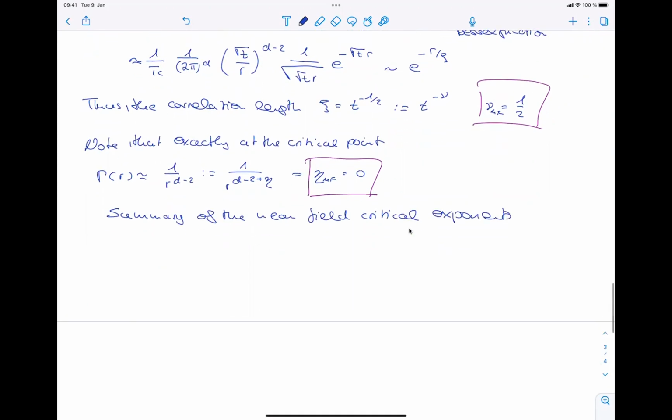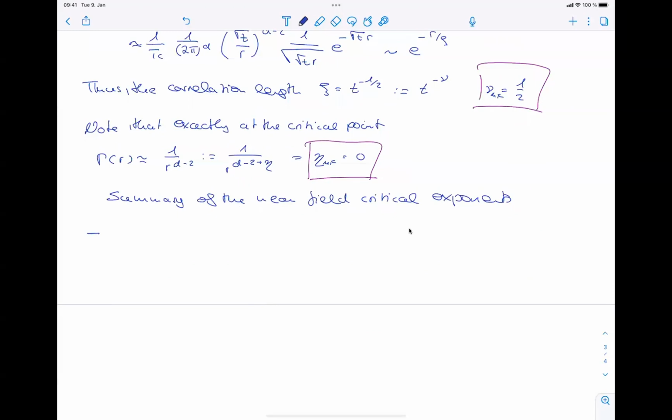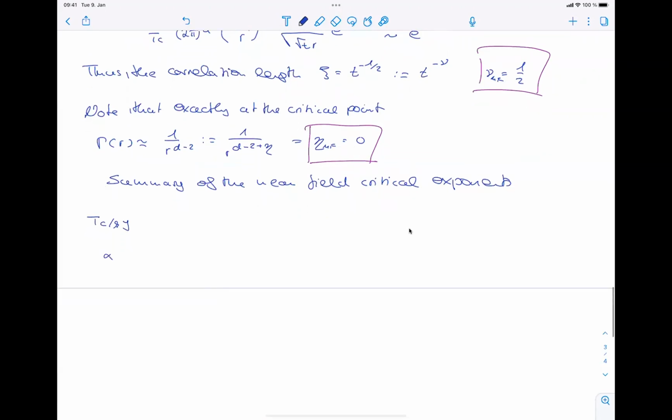Okay, so this is the critical temperature. We're interested in alpha, beta, gamma, delta, eta, and nu. And we're going to compare the mean field theory to d equal 2, which, as I said, I'm not going to drive you through the ordeal of how you can, in a very complicated manner, calculate exact results, but we do have the exact results, so let's compare to them.